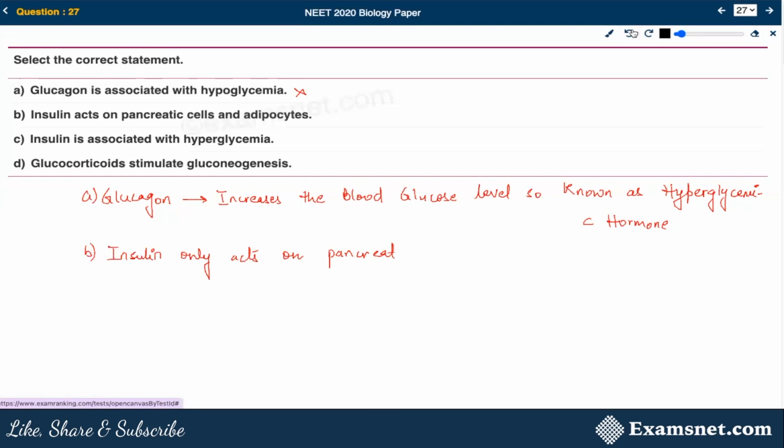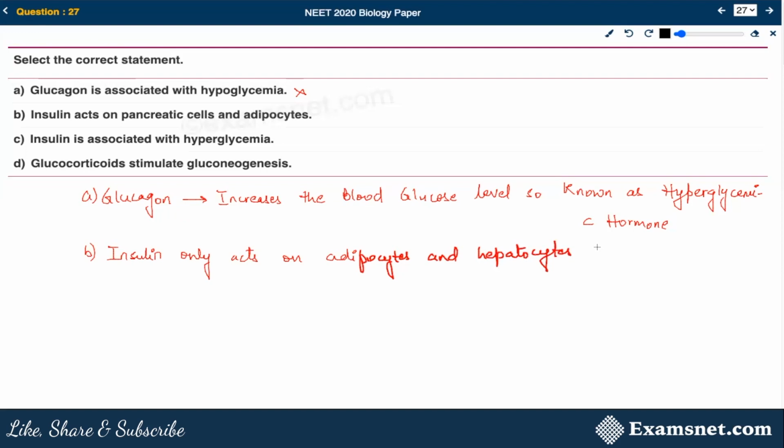Just a second. Yeah. So this is going to act on the adipocytes and hepatocytes. This will be the case.